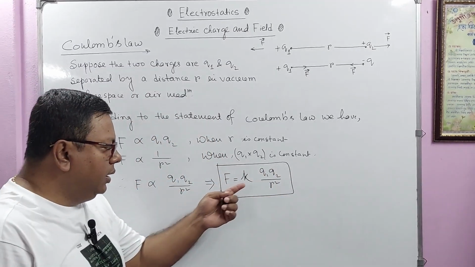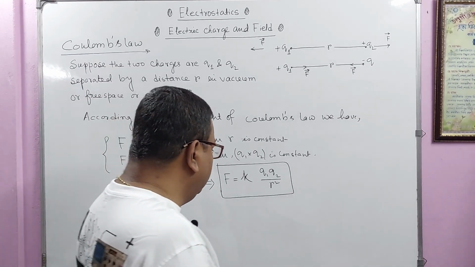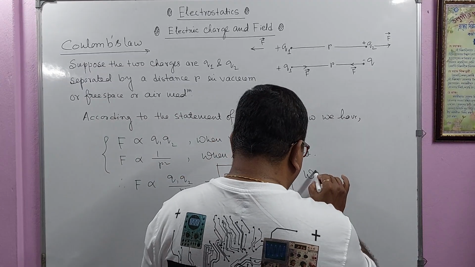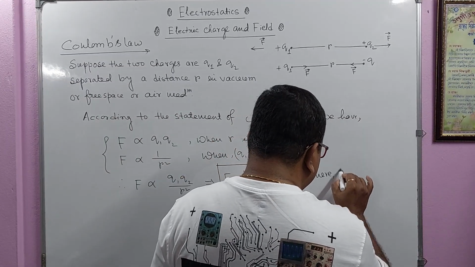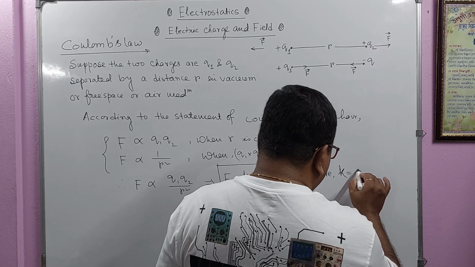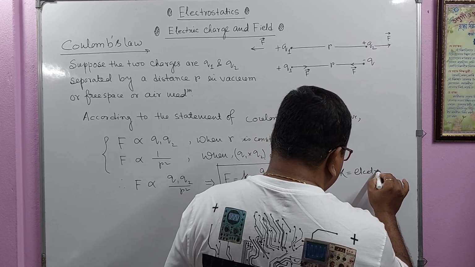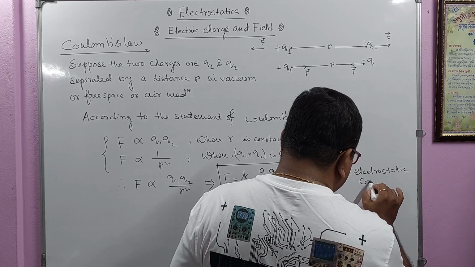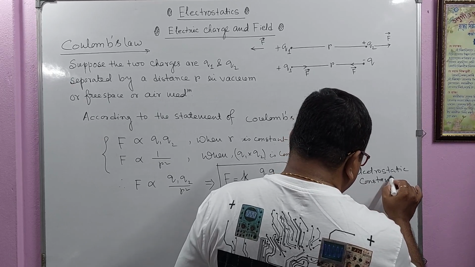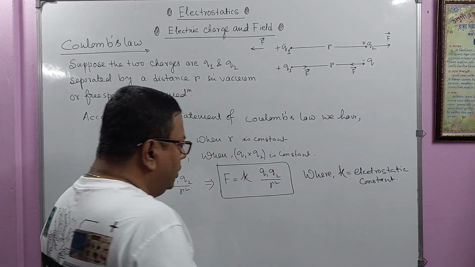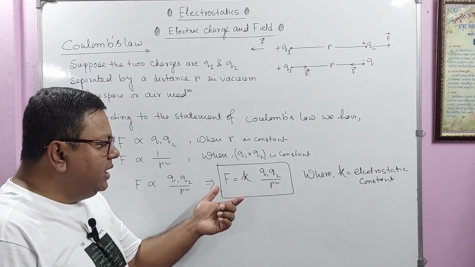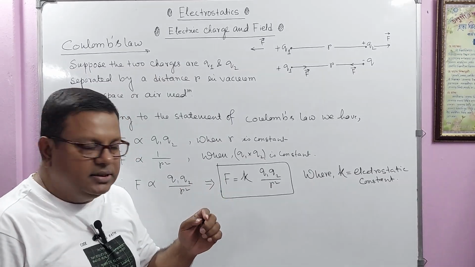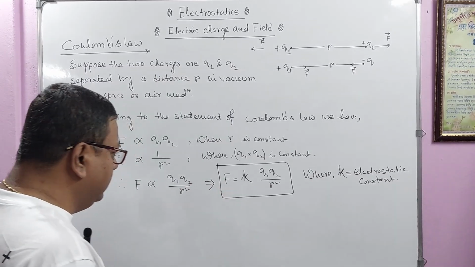F equal to K Q1 Q2 by R square, where K equal to electrostatic constant. Okay. So there is a value of K in SI system. In CGS system its value is 1.